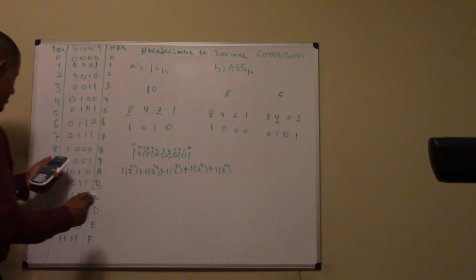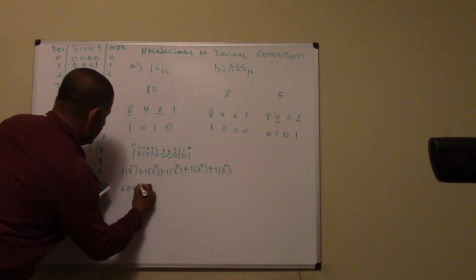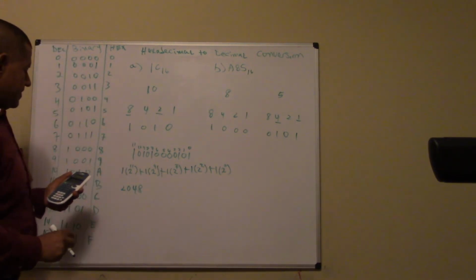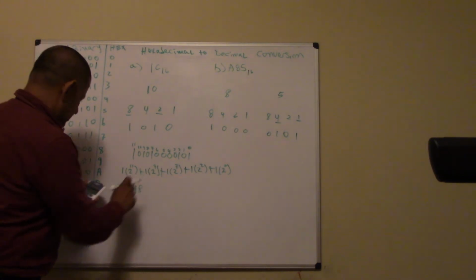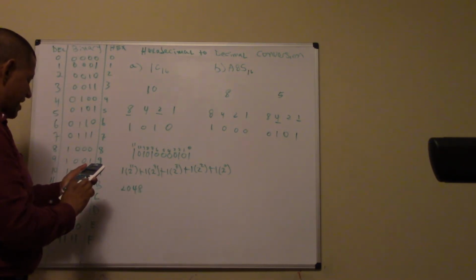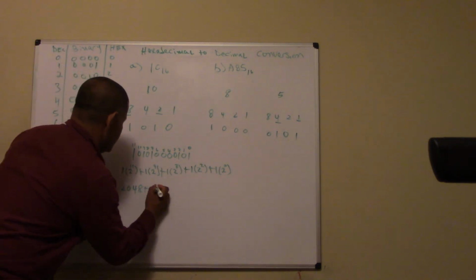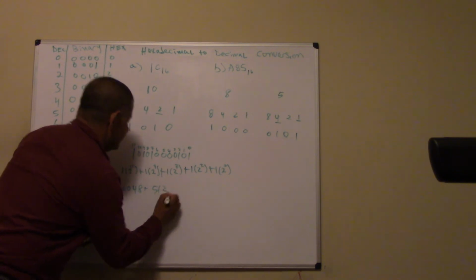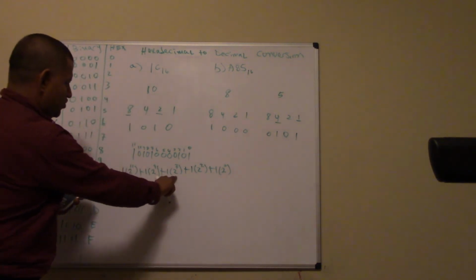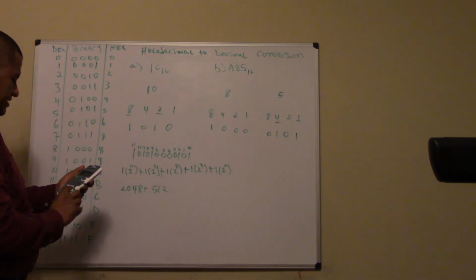Right? This number is 2048. Right? Then this 2 to the 9th power is plus 512, and this 2 to the 7th power is 128, but let me verify.